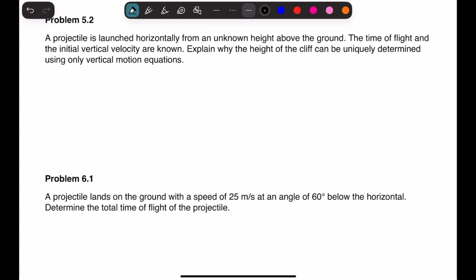So, for this, we know that if the time of flight is known and v initial y is known, well, we can prove this because the vertical equation contains only those quantities.